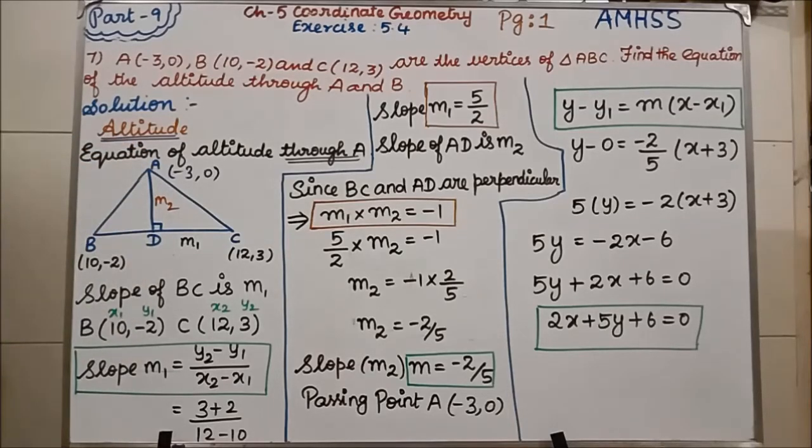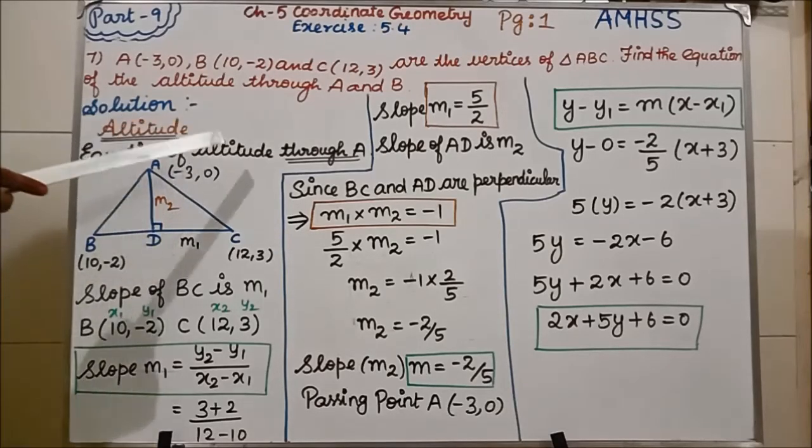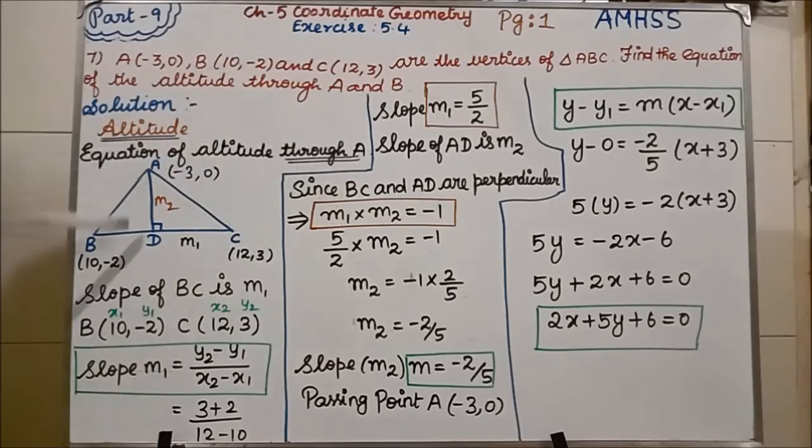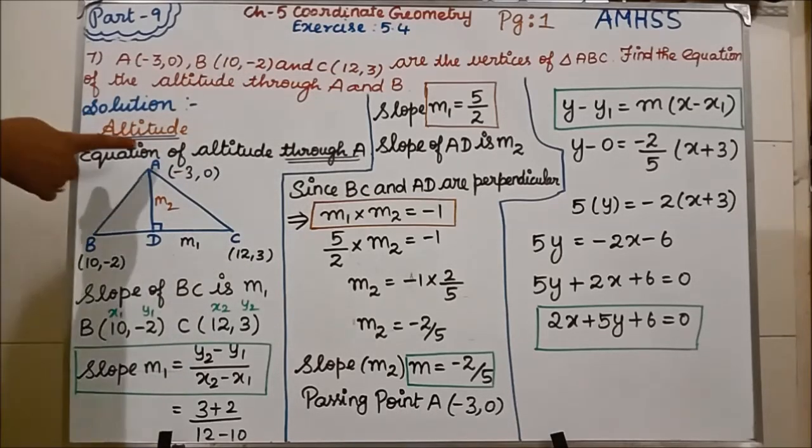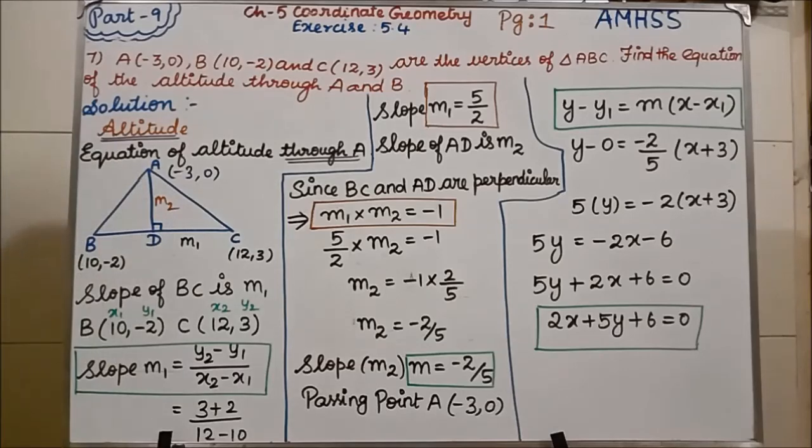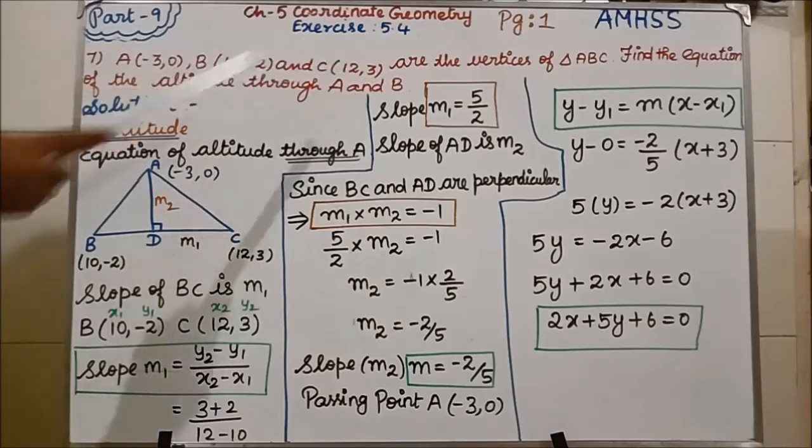Okay, altitude means what? In exercise 5.2 we have learned about altitude, and in exercise 5.3 also we have learned about altitude. Altitude means what? It is perpendicular. That altitude line will be perpendicular to the base line. We have read it now, so it is the same concept only. First I am going to find the equation of altitude through A. See, from the vertex A, I have drawn the altitude. Now this A, B, C vertices are given in the question.